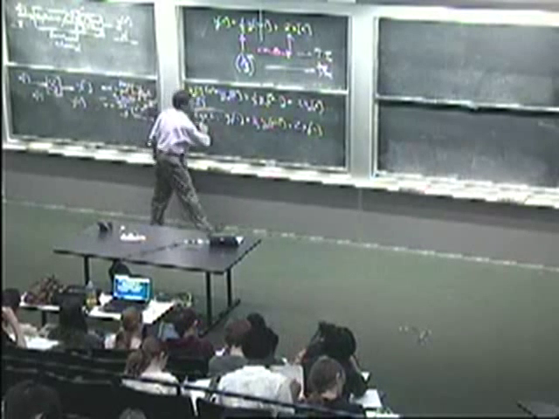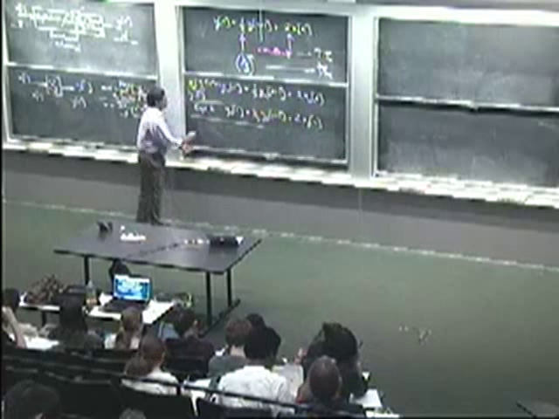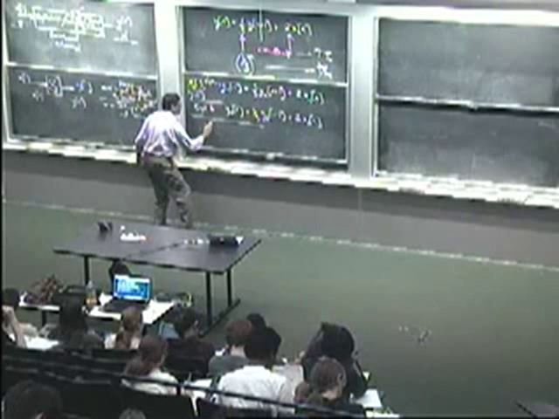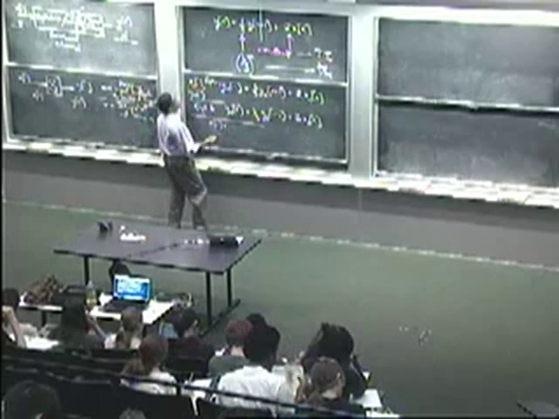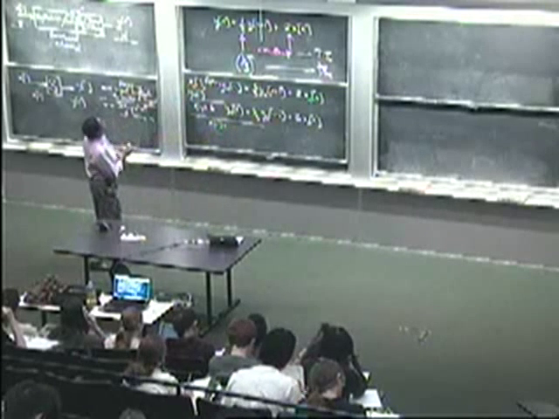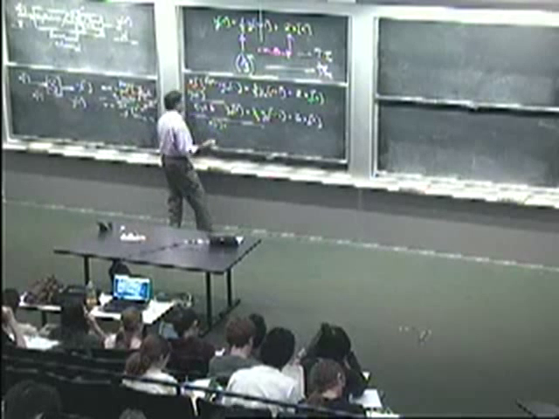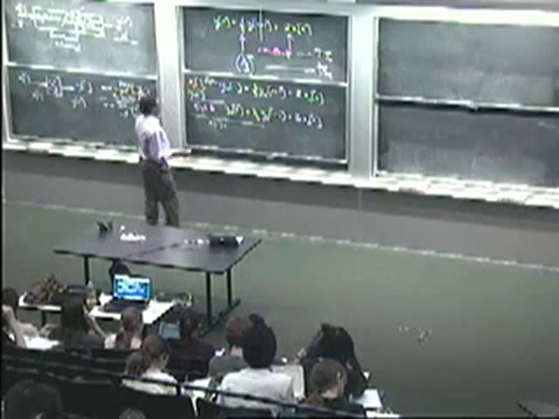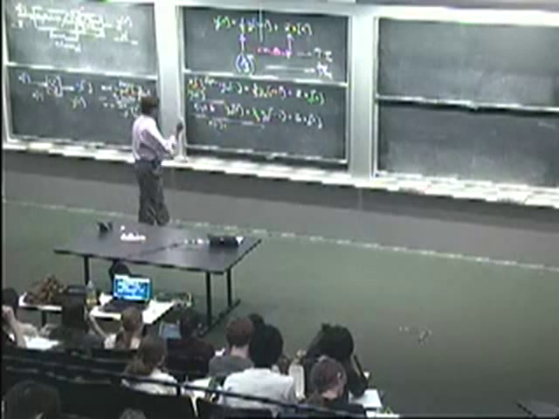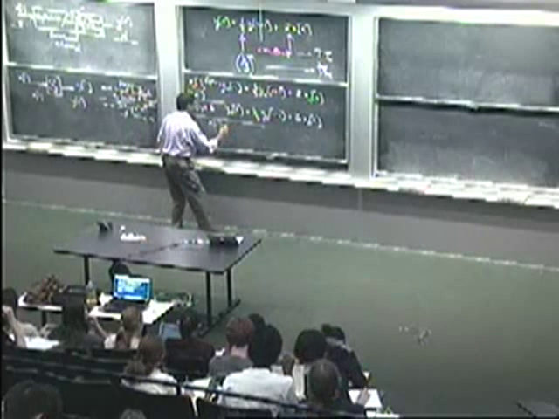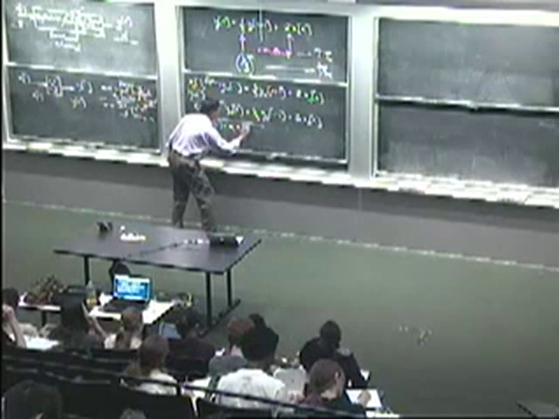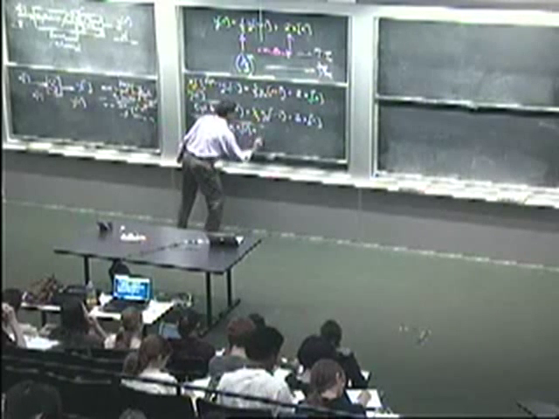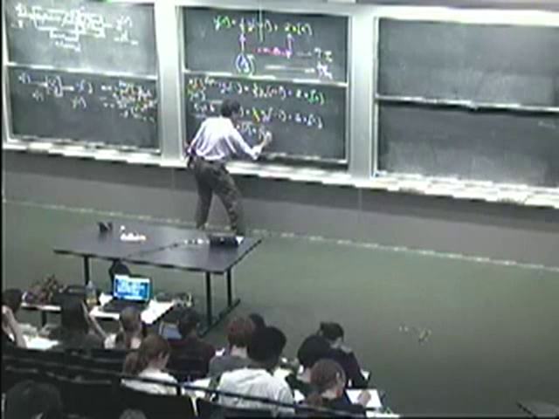Now the question you want to ask yourself is, is it true that if I define a new input x[n] to be, let's say, alpha xA plus beta xB.